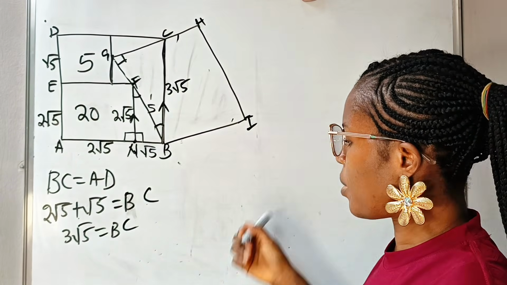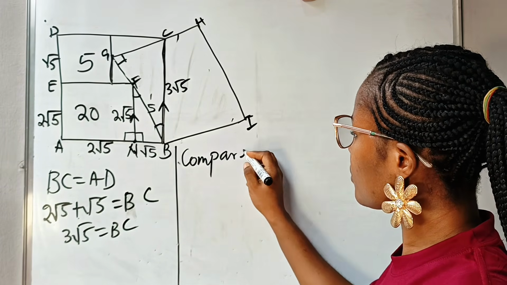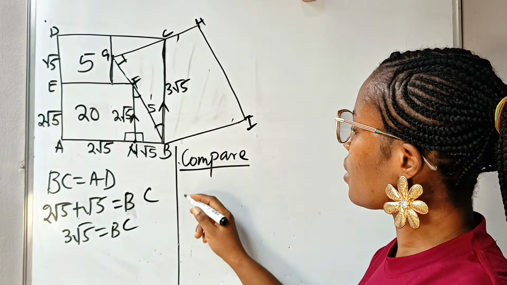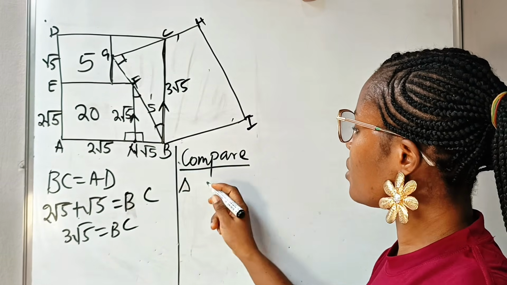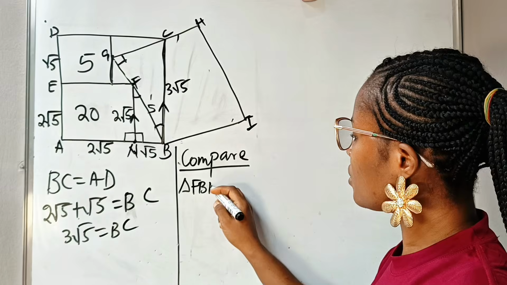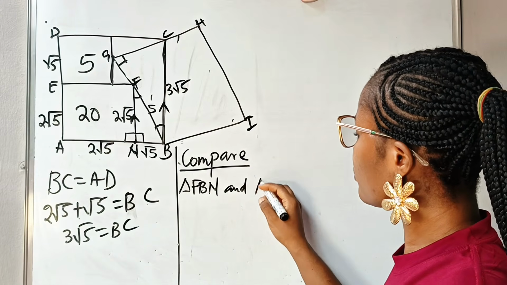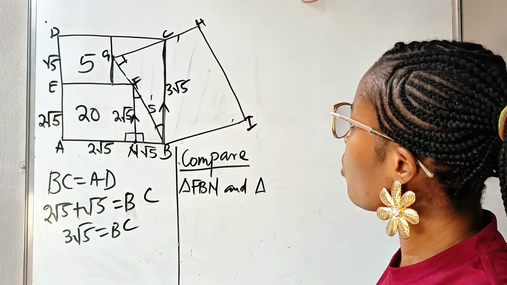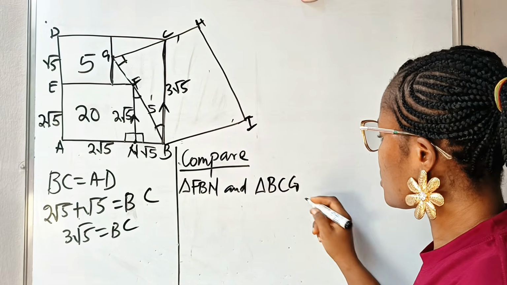I want us to compare triangle BNF, or FBN, and triangle BCG.